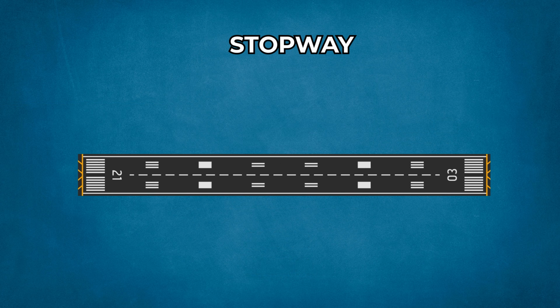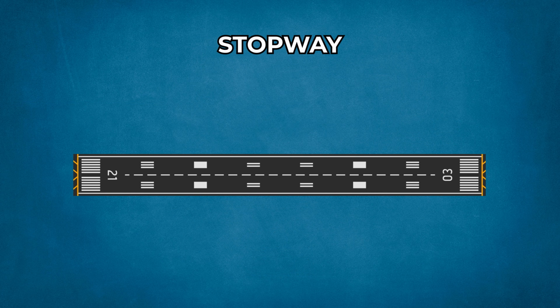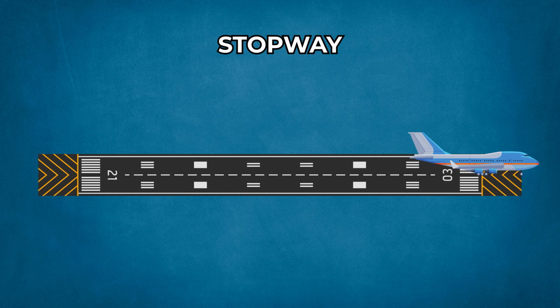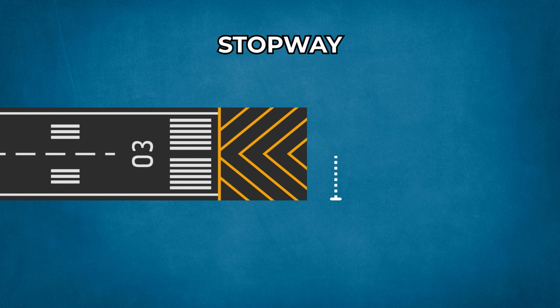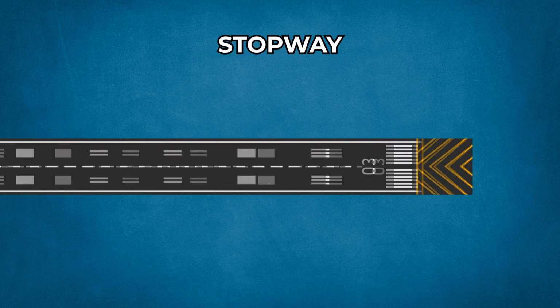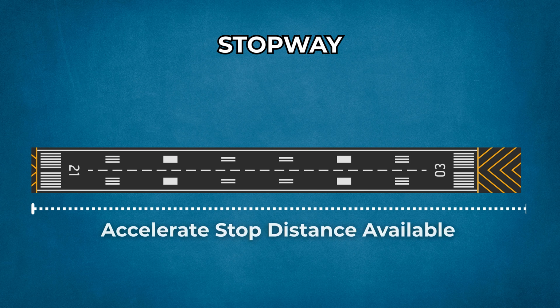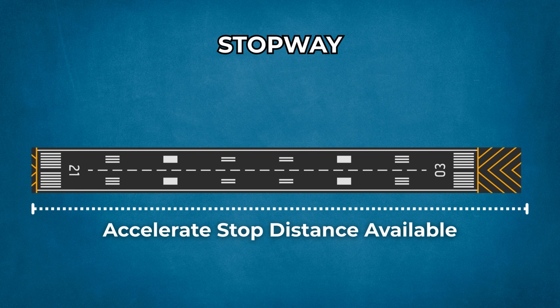Let's look at the stopway. Stopway is the area that is placed right after the runway, and it is used when reducing speed if a takeoff is called off for any reason. Its width has to be at least the same as the runway, and it should be able to help a plane slow down without damaging it. The stopway is centered on the runway extended center line, and the combined length of runway and stopway equals the accelerate stop distance available.